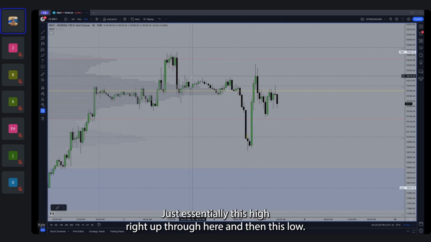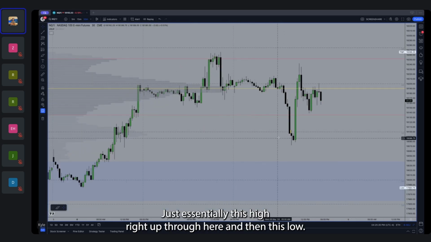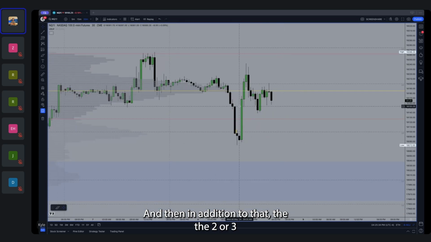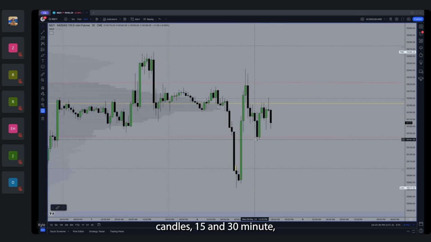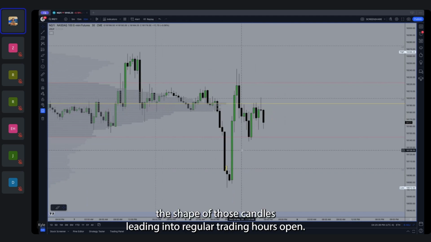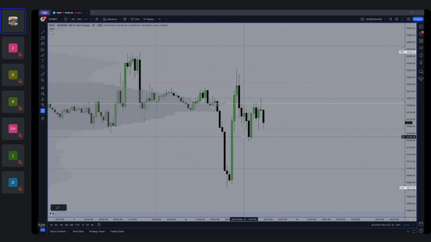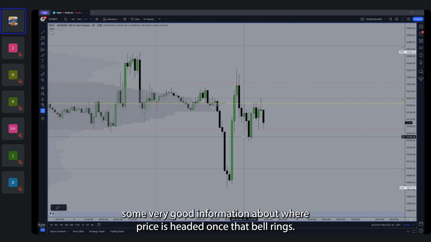Essentially this high up through here, and then this low. And in addition to that, the 2 or 3 candles, 15 and 30-minute, the shape of those candles leading into the regular trading hours open. Most of the time they'll give you some very good information about where price is headed once that bell rings.